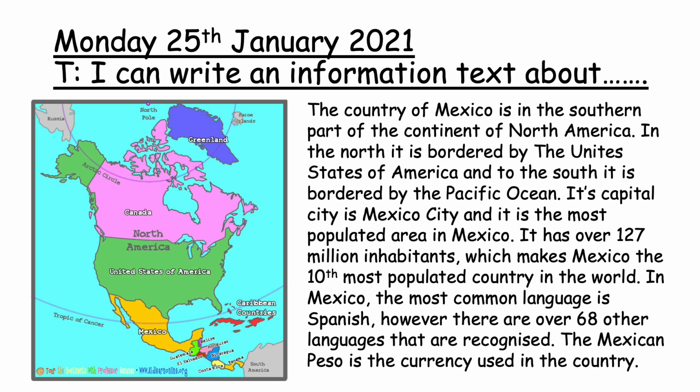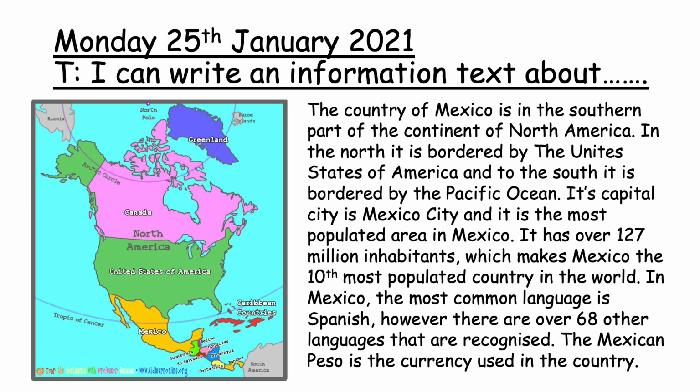So I've got a map of where Mexico is. So this is my introduction. The country of Mexico is in the southern part of the continent of North America. In the north, it is bordered by the United States of America, and to the south, it is bordered by the Pacific Ocean. Bordered means it is next to, it is joined onto.